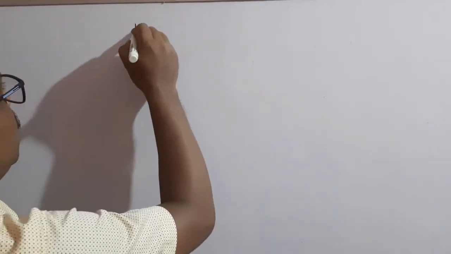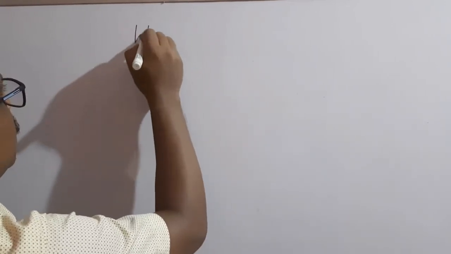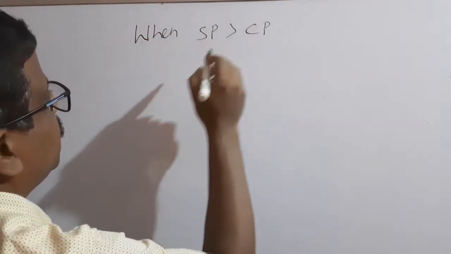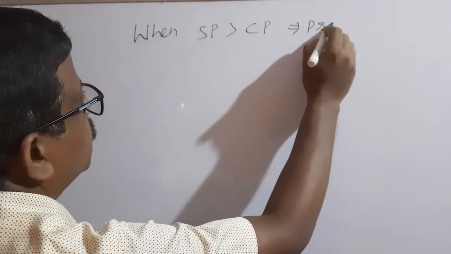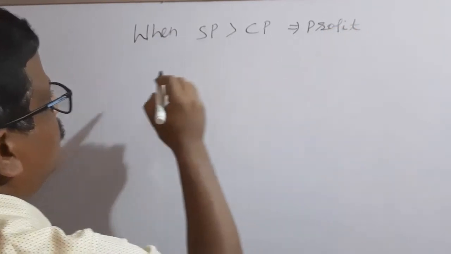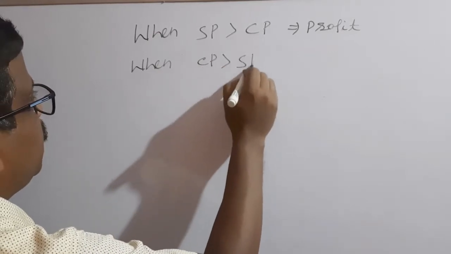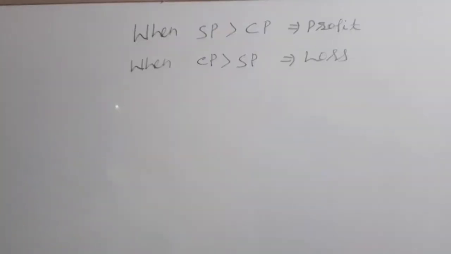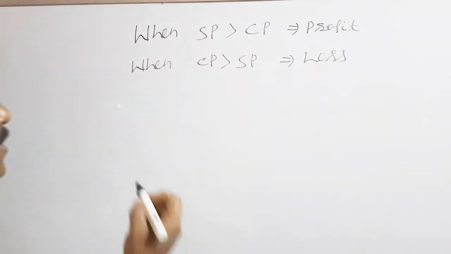So when SP is greater than CP, that will be profit. When CP is greater than SP, that will be loss. Clear?